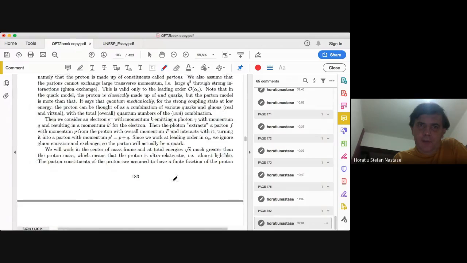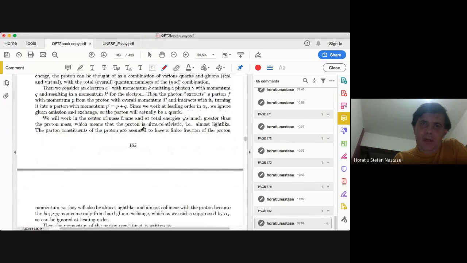All right. So if we work in the center of mass frame and total energy square root s, that is therefore much greater than the proton mass.